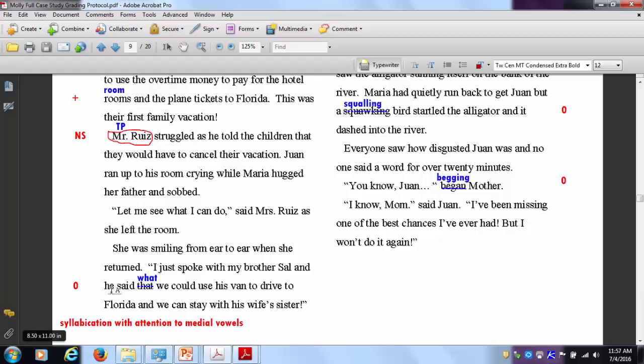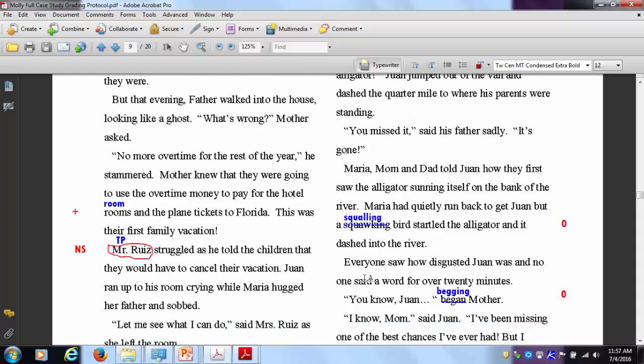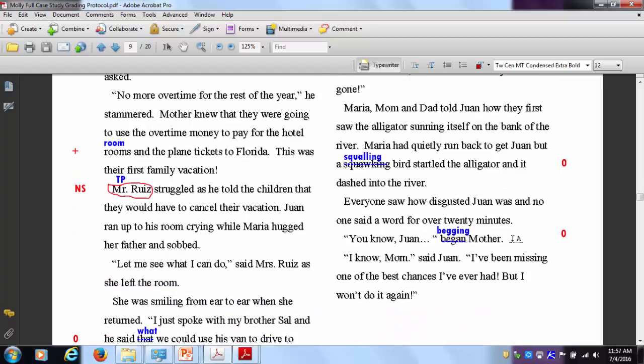Well, Molly said, he said what? So we had to count that as a meaning violator. And then we come over here, squawking instead of squalling, rather squalling instead of squawking, is a violator. And we also have begging instead of began as a violator.